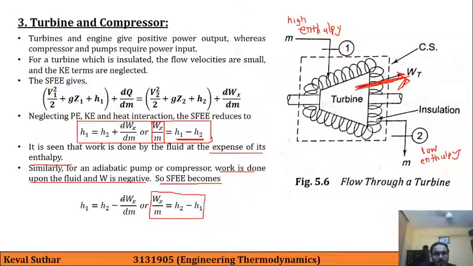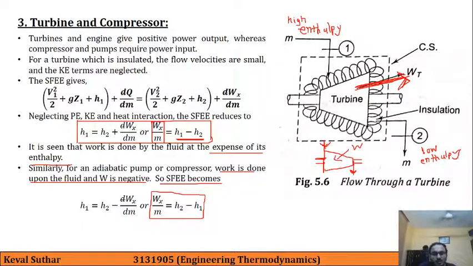The figure is not drawn here for the compressor, however it can be in this shape, where here it will be the entry and here it will be the exit of the fluid, and this compressor is being run through a shaft, that is the energy input or work input to this compressor. So W will be like this.